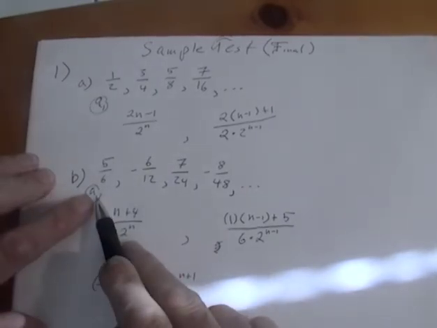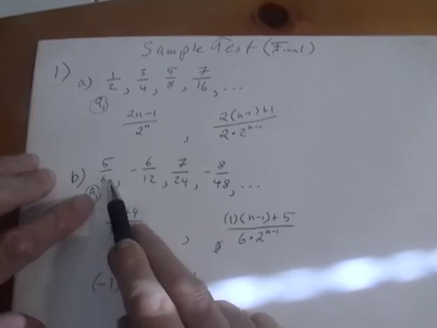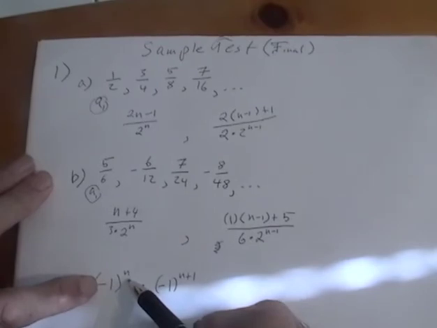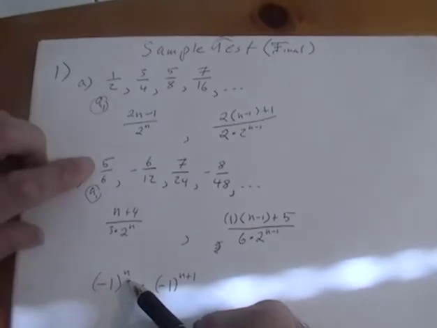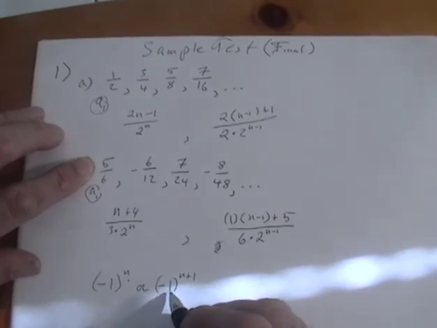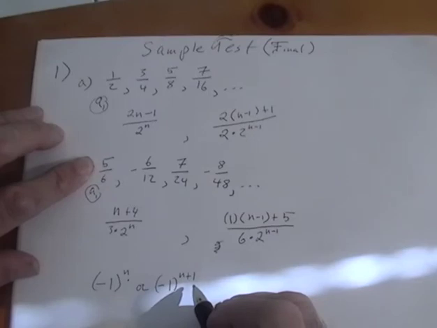If my first term is a sub 1, then -1 to the n would be -1, not positive. That gives me reason to think that I want this term, -1 to the n plus 1.